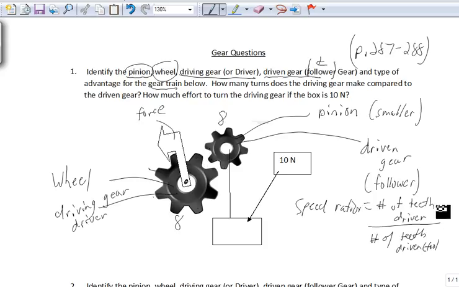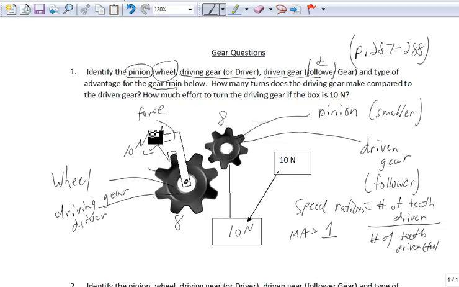So what does that mean? If this turns once, this turns once. Another thing we can notice is if they're the same size, then the mechanical advantage is 1. So if this box is 10 newtons, how much do we have to turn to lift the box? 10 newtons. So what is the reason behind this?